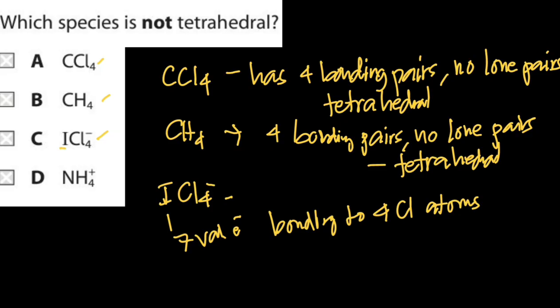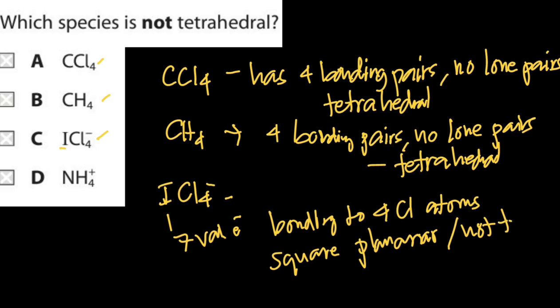That gives a total of 6 electron pairs, and the shape would not be tetrahedral but square planar, or an octahedral electron geometry with 2 lone pairs. Since it has 2 lone pairs, this is not tetrahedral.